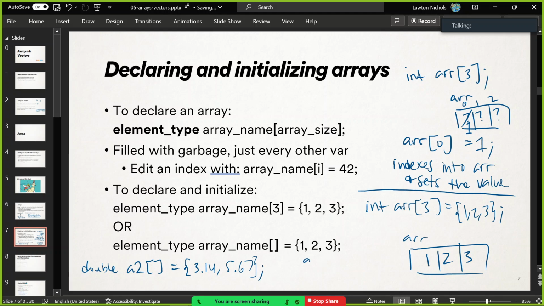So that would make in memory array A2 holding doubles, index 0 holds 3.14, index 1 holds 5.67. Okay, so that's that syntax as well. Any questions about any of that so far? Is that okay enough?